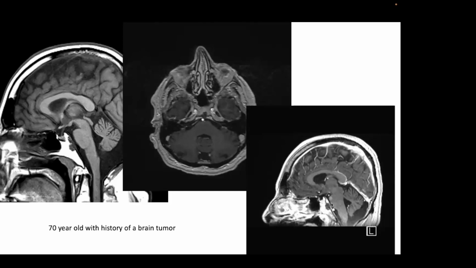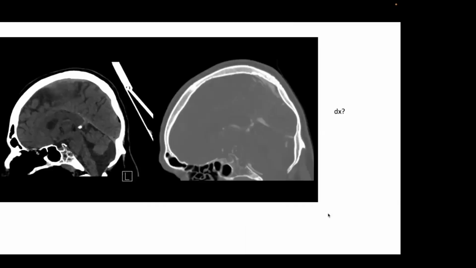This is post-contrast. This enhancement here is just the normal enhancement you see along the dura. Here's the lesion on the post-contrast imaging. This is what it looks like on the CT scan. So what's your diagnosis here?